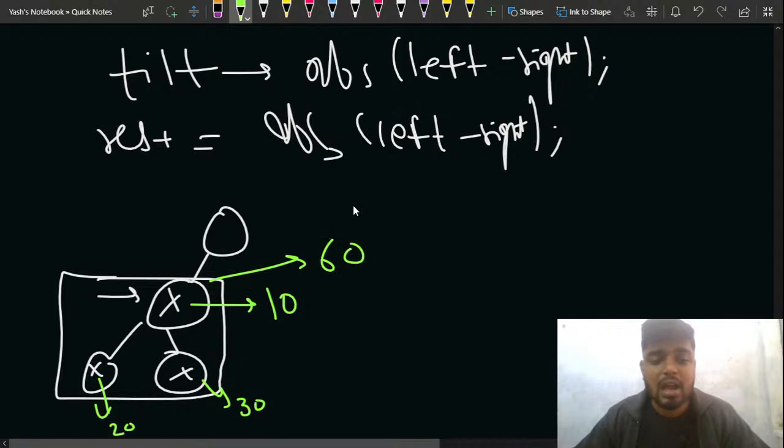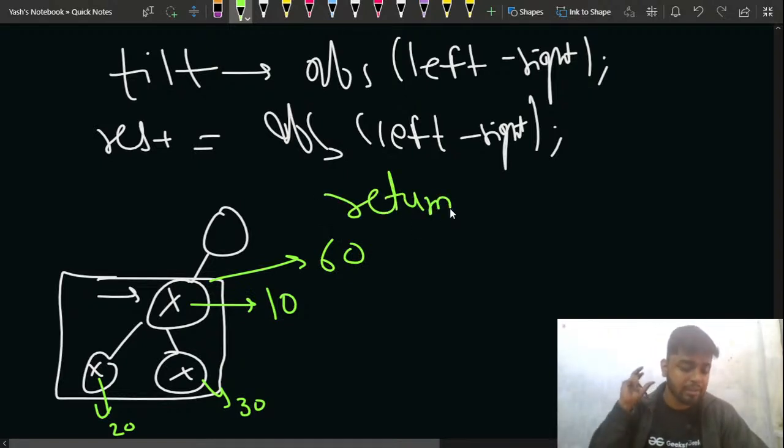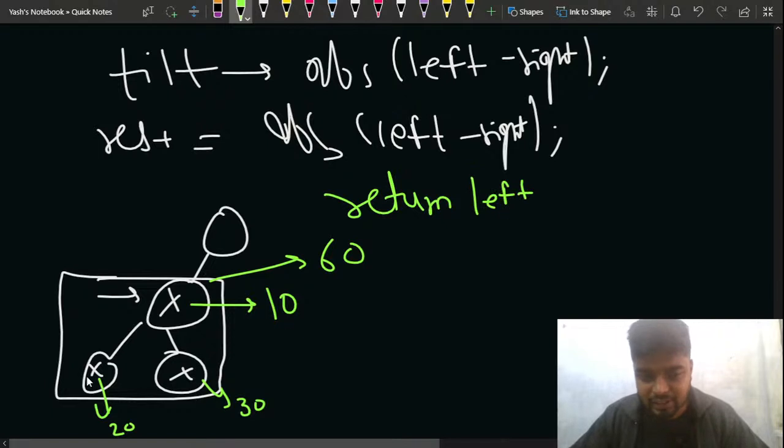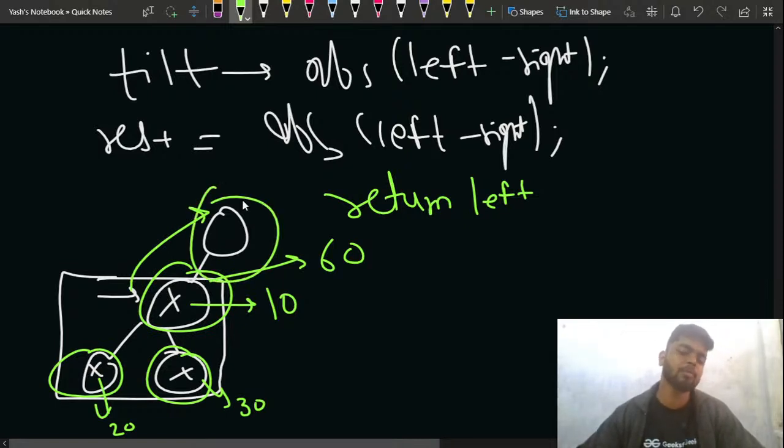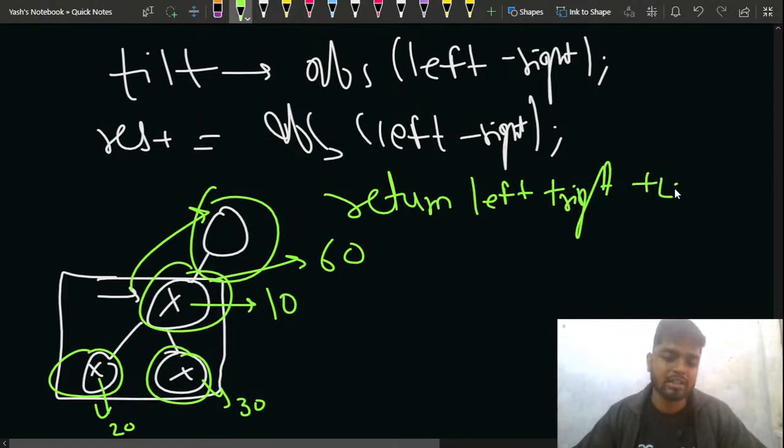So that is why, from a particular DFS function, I am returning the total sum of the subtree, whether it is the left subtree or the right subtree. So I am returning the left child, the right child, and the current node. So left plus right plus the current node value, right? So this much part I think must be clear to everyone.